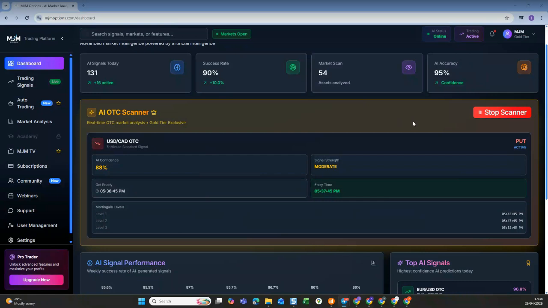Remember, I said earlier that when we want to take a signal, we look at AI confidence. AI confidence must be 90 to 99, and signal strength must be strong. That is exactly what we're looking for.